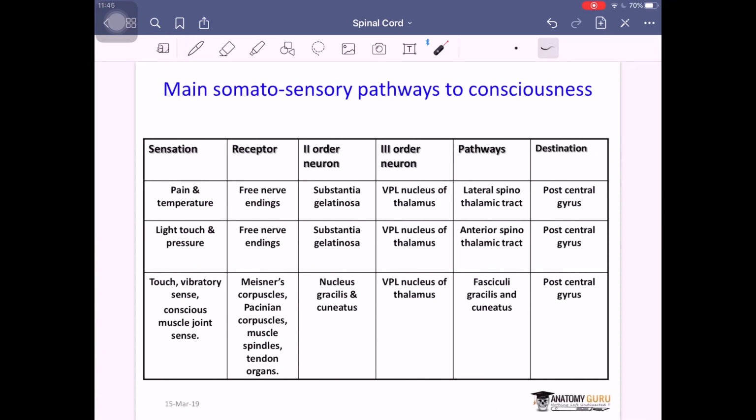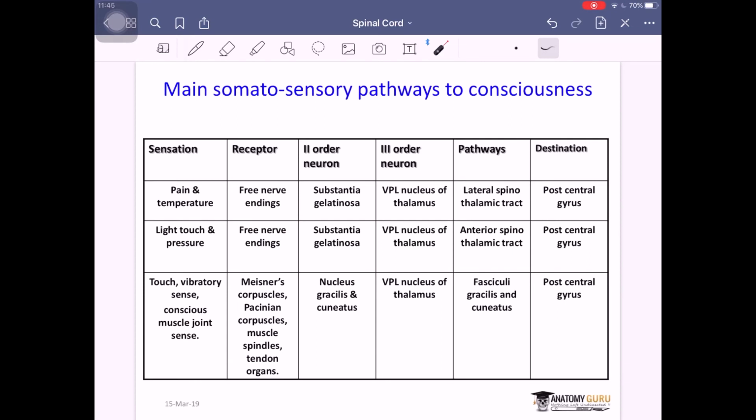So those are again the tracts. Now if you put all this in a table, all these are the main somatosensory tracts or pathways which are coming to our consciousness, to the consciousness of the thalamus. So if you see, pain and temperature is your lateral spinothalamic. Then light touch and pressure, which one is that again?